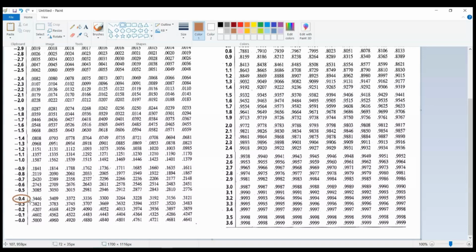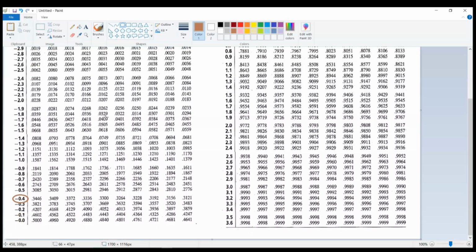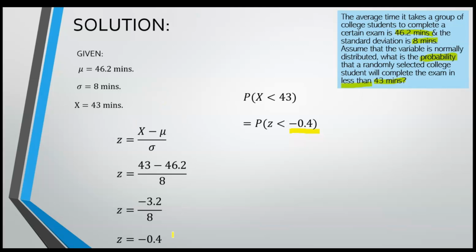Negative 0.4 is right here in our z-table, and since it's negative 0.4, we look at the top 0.00. Where these two areas cross, that's the area of our z-score. So it falls at 0.3446. Hence, the area for the z-score of negative 0.4 is 0.3446. Now remember that we want to find the probability at the left of our z-score.